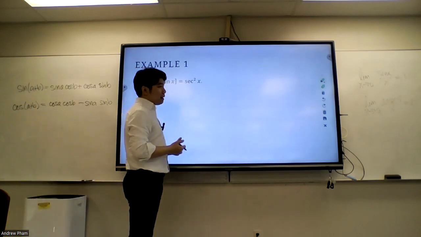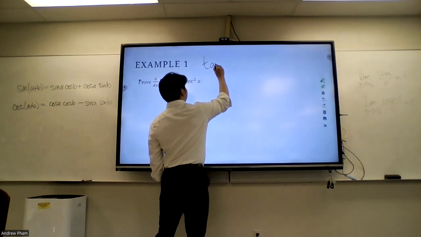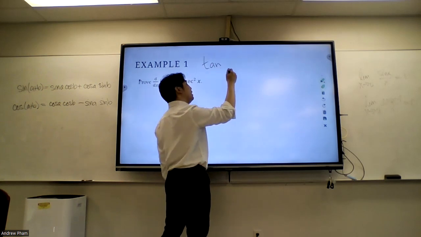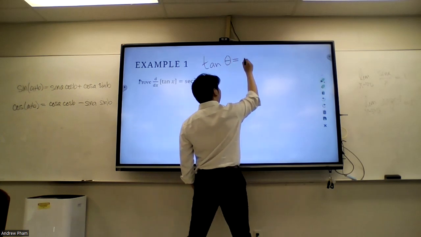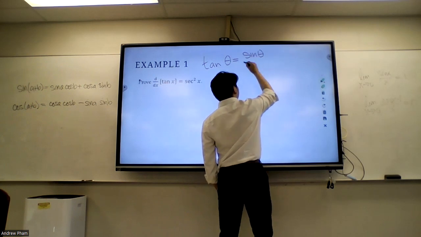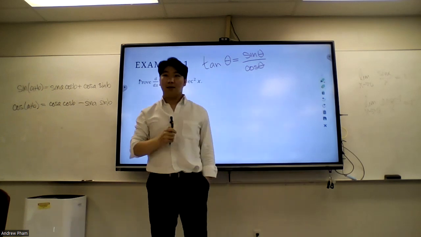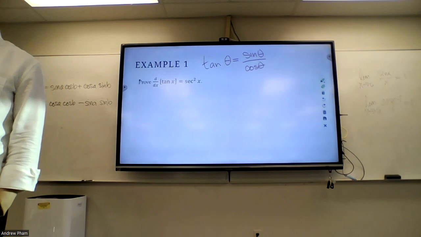If you don't remember this, that's fine. But there's an identity called the quotient identity, not the quotient rule, quotient identity, that says tangent of theta is equal to sine of theta over cosine of theta. This was a rule that happened in trigonometry.